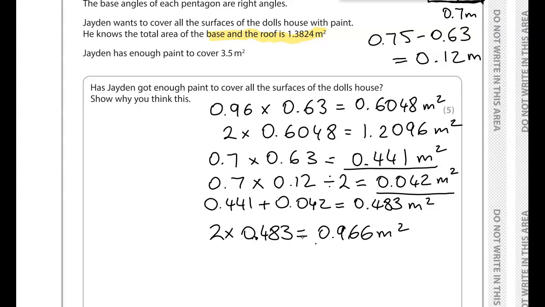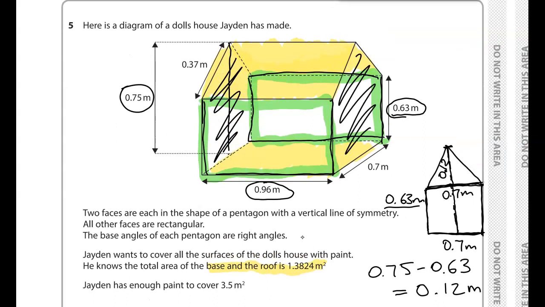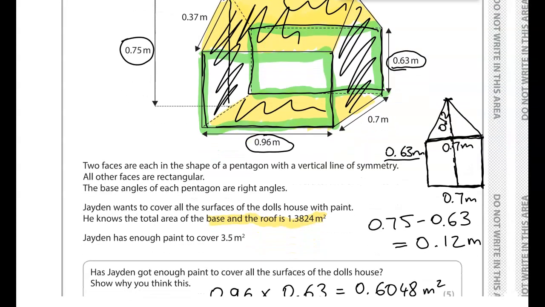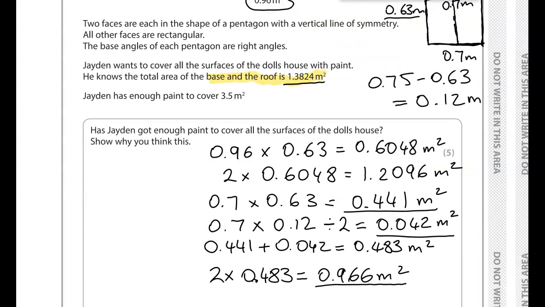This is the two pentagons. The roof and the base all together were 1.3824.